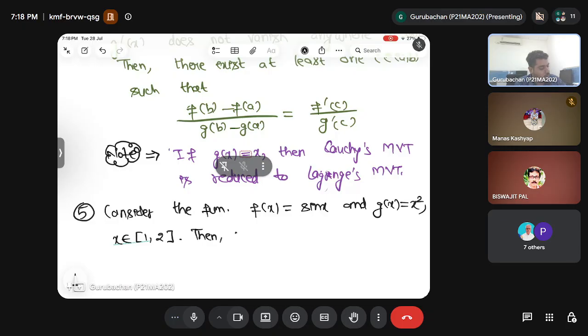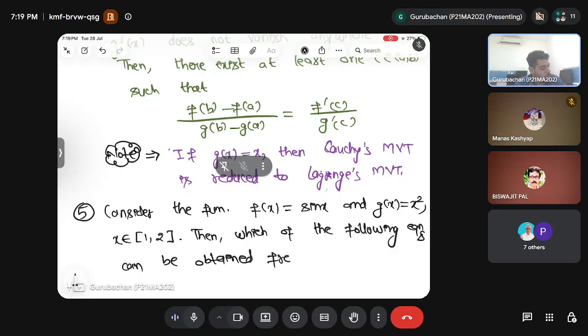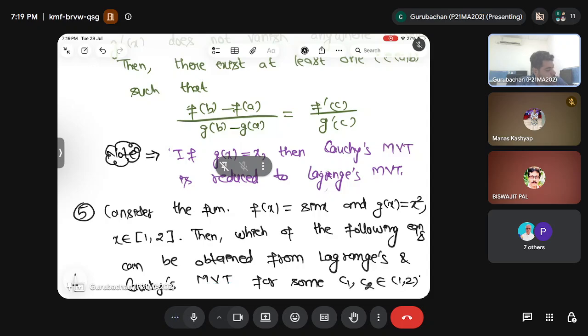Then which of the following equations can be obtained from Lagrange's and Cauchy's MVT for some c1, c2 from (1, 2)?